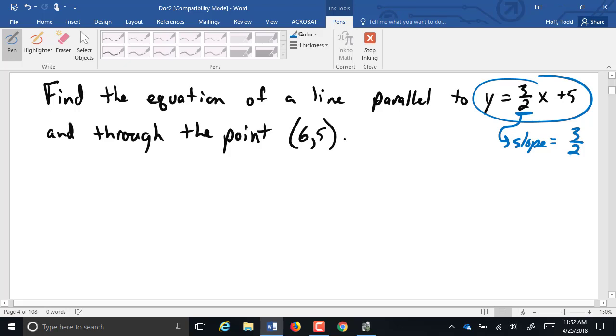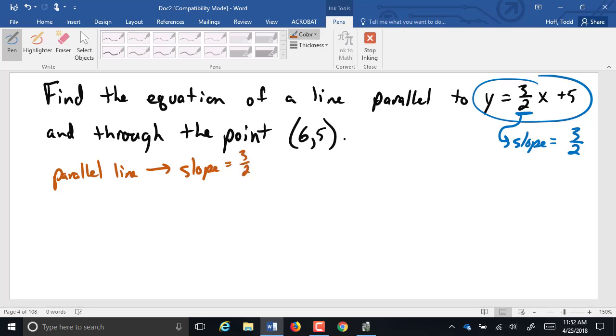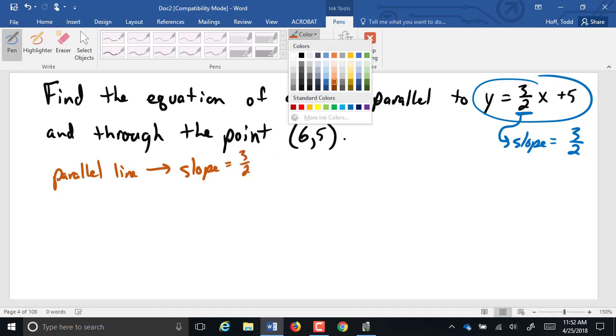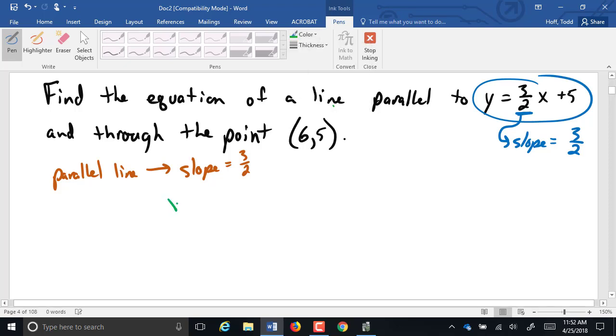So then for the parallel line, I know the slope is also going to be 3/2. So when I write the equation of that line, I know it's y equals 3/2 times x, but I don't know the y-intercept. I'm going to have to use this point to find it.